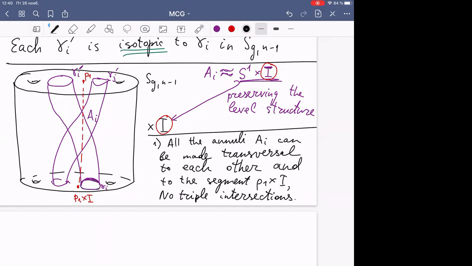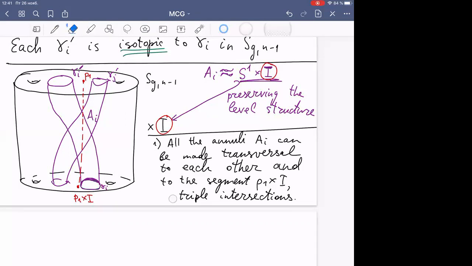So look, generally, if two cylinders are, so sorry about triple intersections. One moment, it is not so easy.